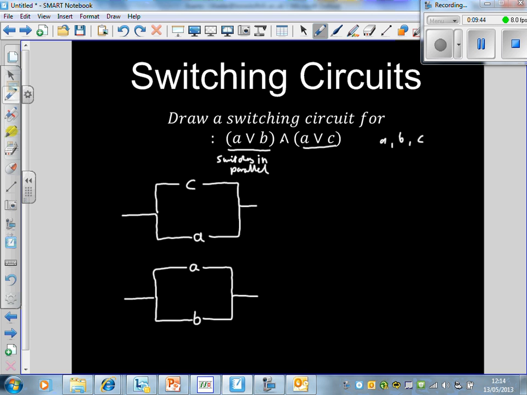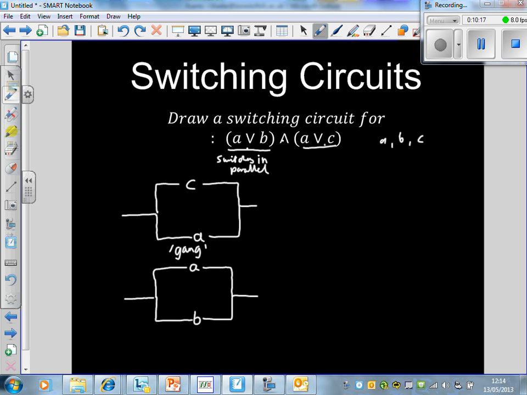The key is, although we're not too worried about how this works, it is possible to gang the same switch together so it's replicated twice on the circuit. We're not too worried about how this works in practicalities, because this is maths we're talking about here. But it is possible to have the same switch twice in a circuit, and we call this ganging. We've ganged the switch A there, so it appears twice in the circuit.